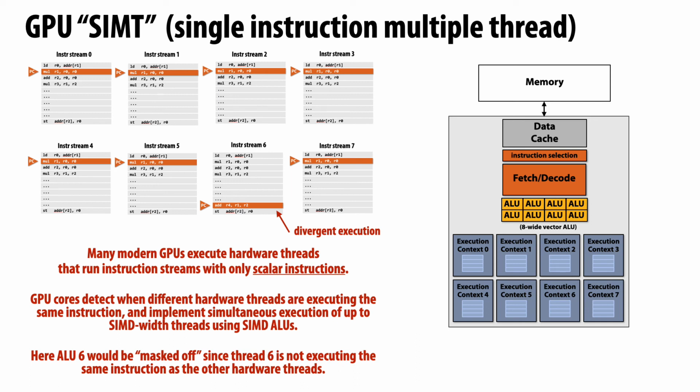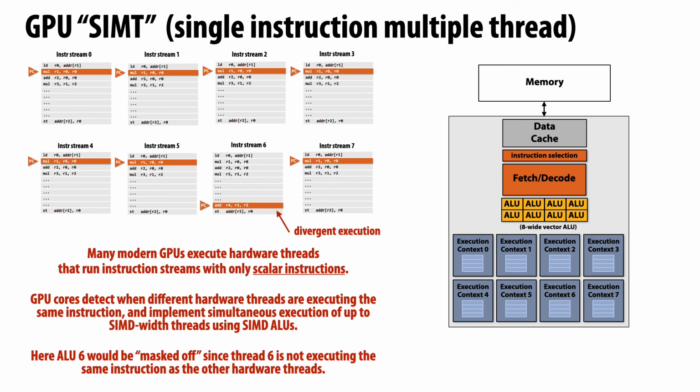But the GPU hardware will look at the, in this case, 8 threads that its core has to run and figure out if those threads are running the same instruction. In this example, 7 of the 8 threads are running the exact same instruction. And it will execute that instruction for all of these threads simultaneously on a set of ALUs that operate in a SIMD fashion. So this is what NVIDIA publicly calls SIMT execution, single instruction multiple thread.